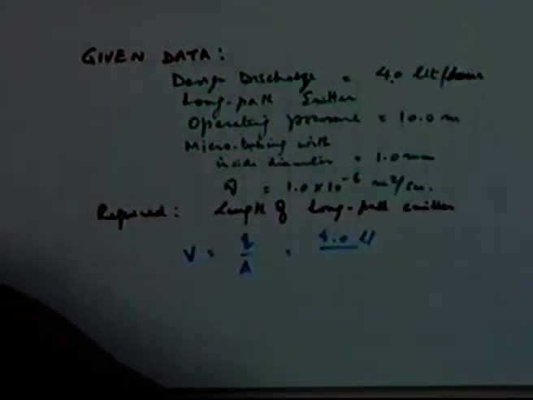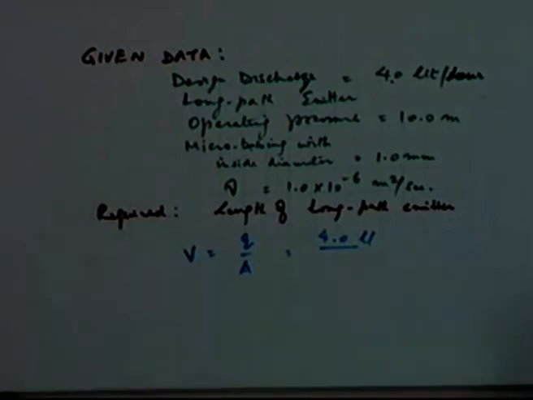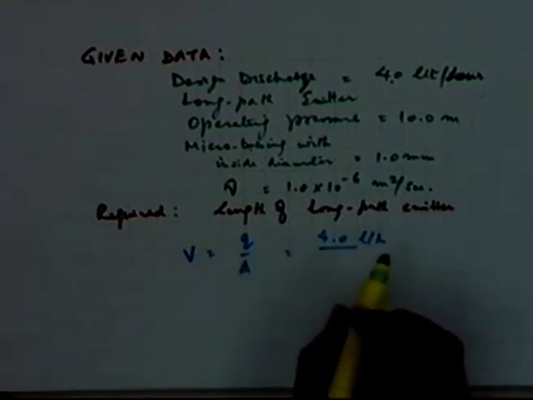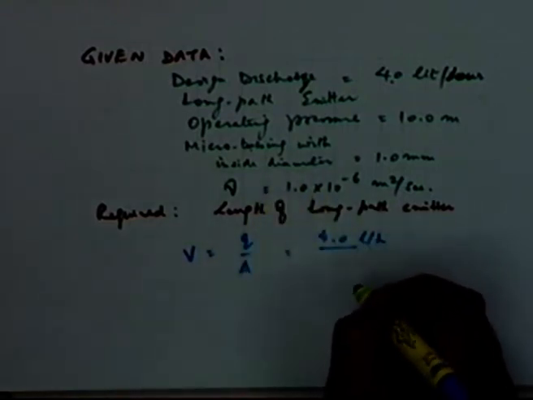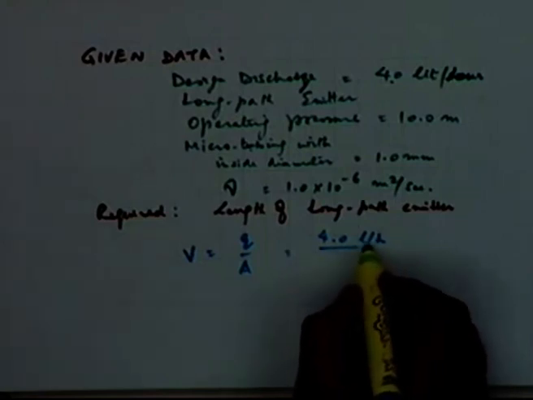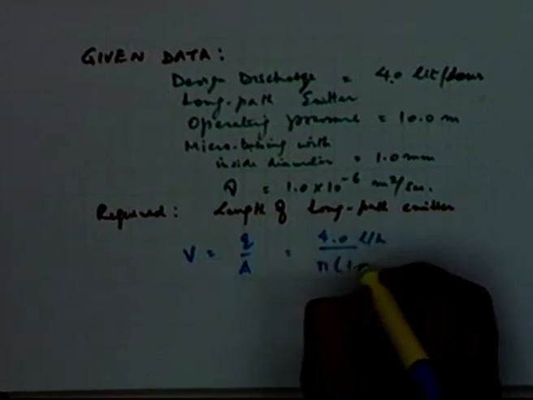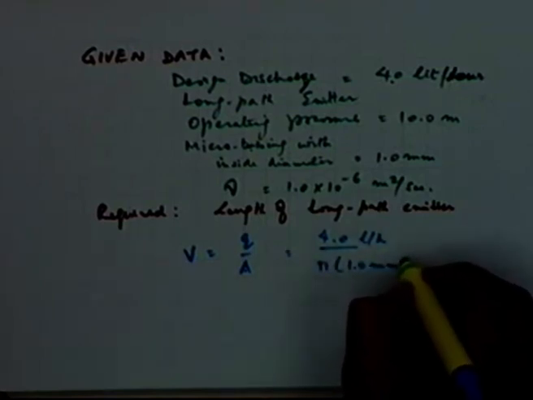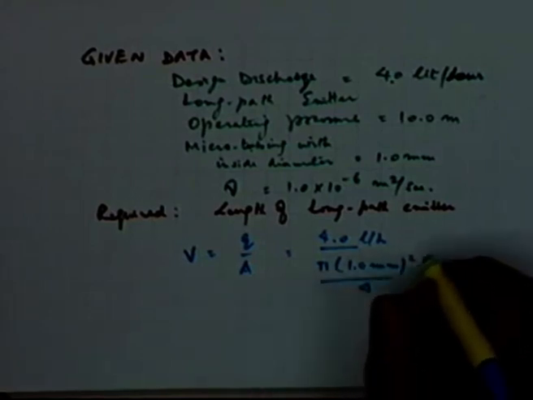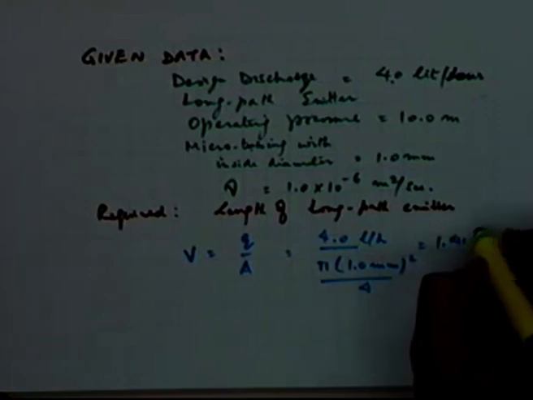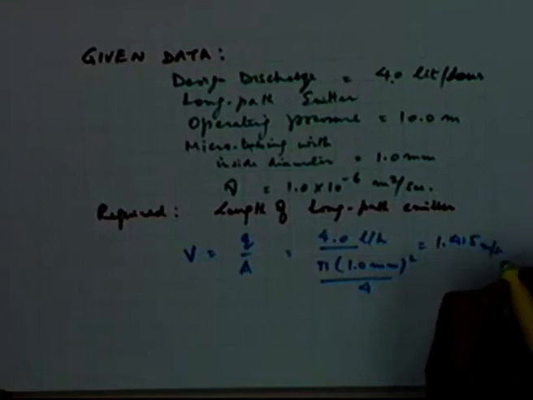The design discharge is 4 liters per hour, as 4 liters per second is a very huge discharge, which is not required, specifically in the case of drip irrigation. 4 liters per hour is the design discharge, and you have the area, and this is 1.415 meters per second.